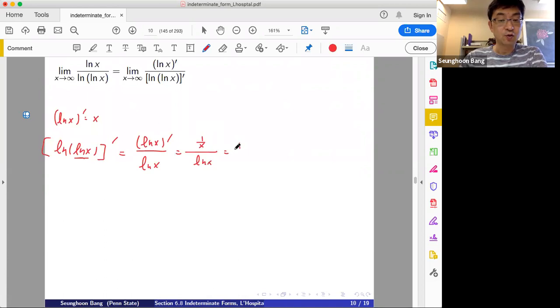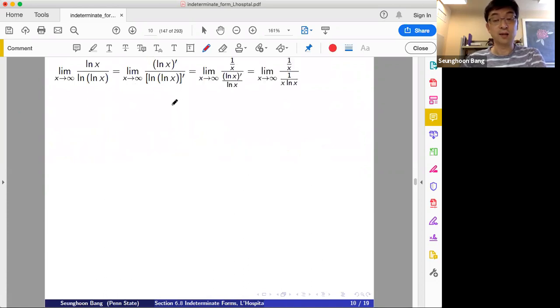Sorry, this is 1 over x, not x. The derivative of ln of x is 1 over x. You plug into here and here. To simplify, the numerator 1 over x times the reciprocal of the denominator. Next, cross out x, leaving only ln of x.